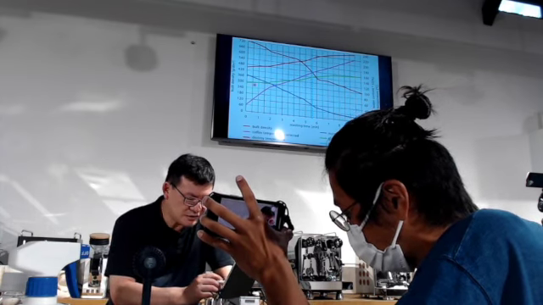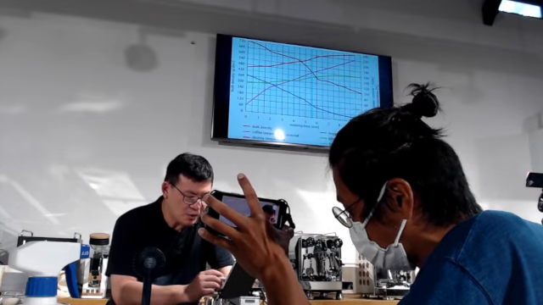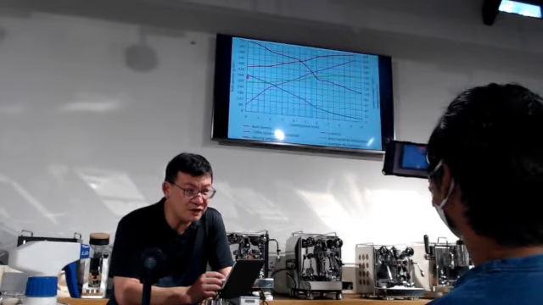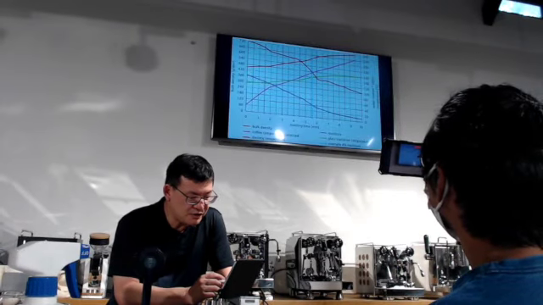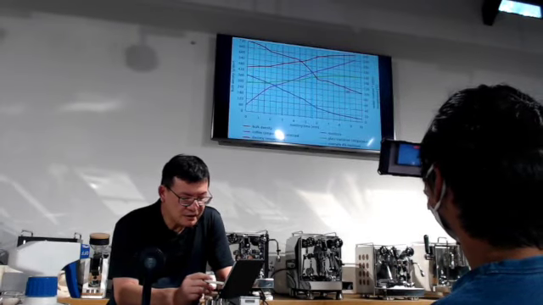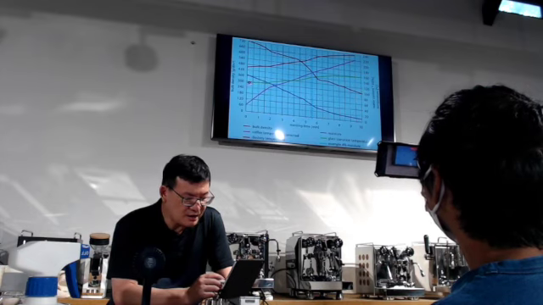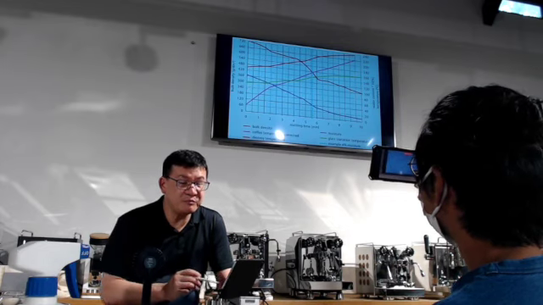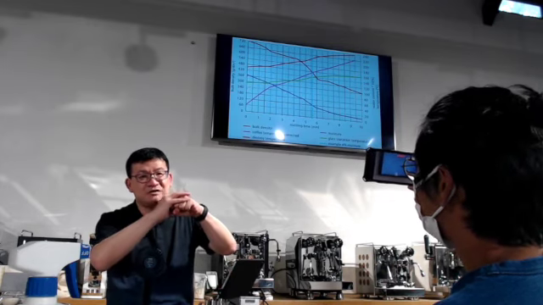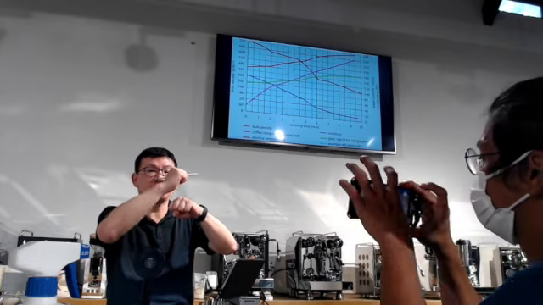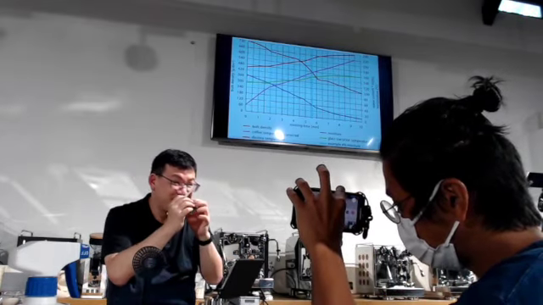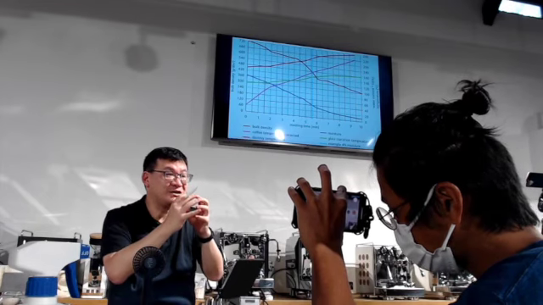So this is the temperature. When the beans are 12% water content, you need almost 100 degrees. If the bean's temperature is higher than 100 degrees, it will become soft, when the water content is 12%.